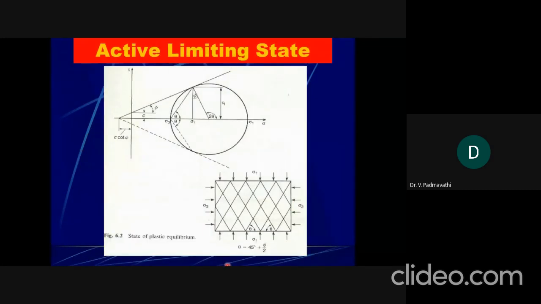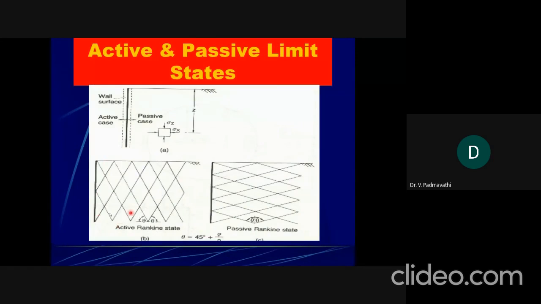So here, the failure lines are shown like this. Here it won't extend at the bottom of the retaining wall. The bottom of the retaining wall is just like the origin for the generation of the failure lines. So it is not extending in the horizontal direction. Here you can see, it is just like tick marks up to some portion.